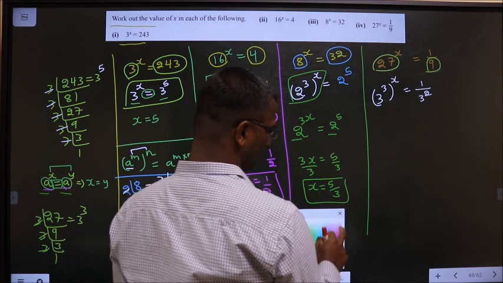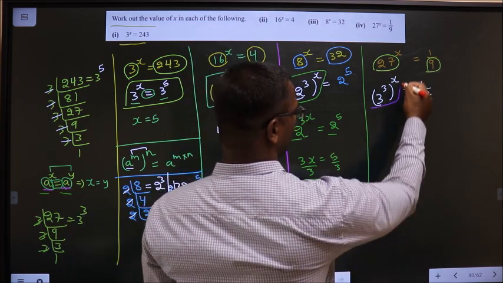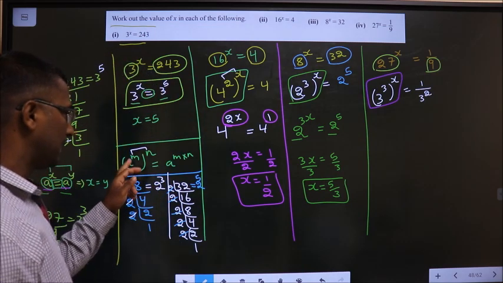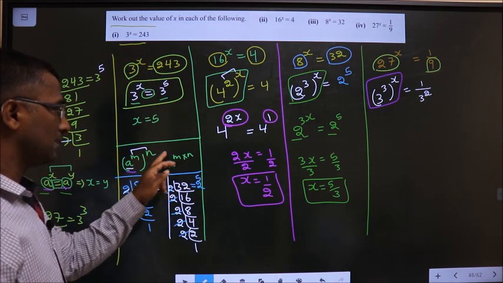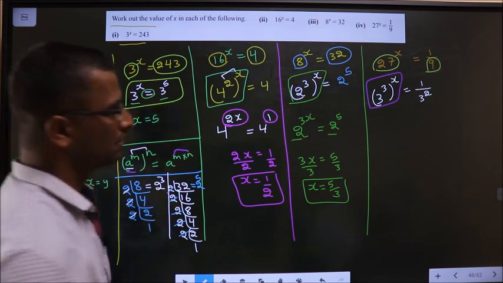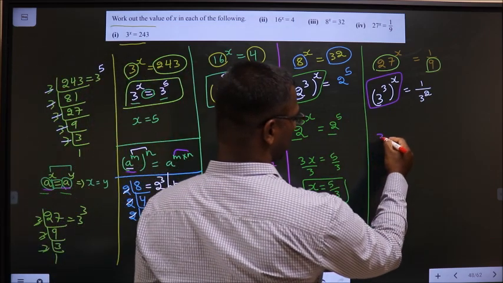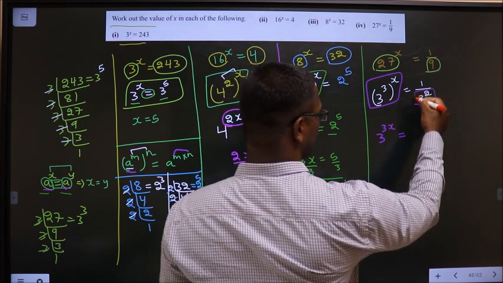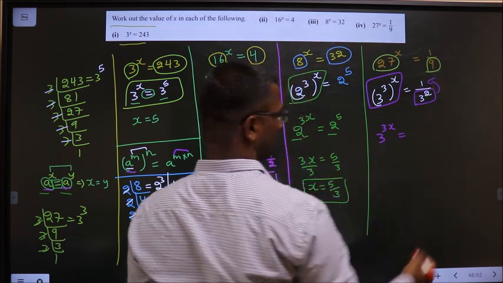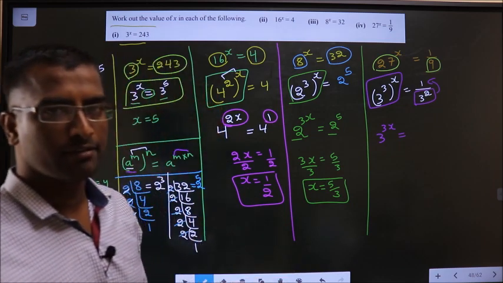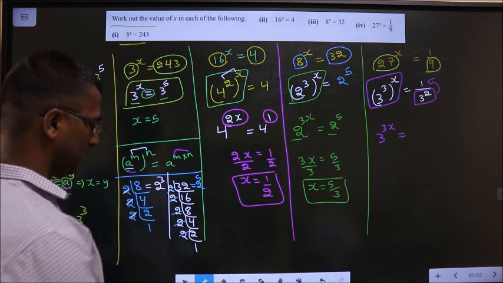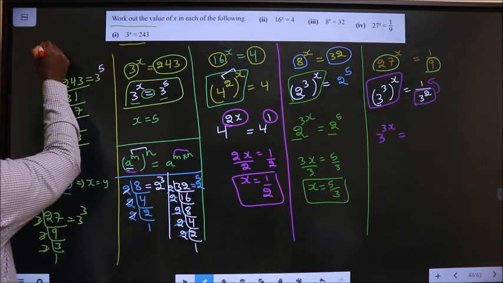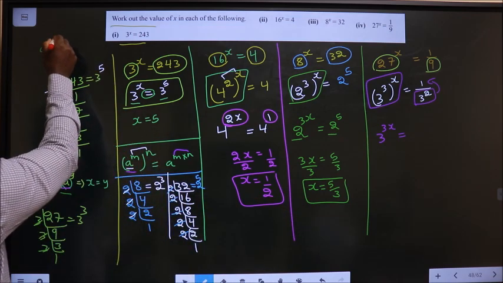Okay. Now, what formula will you apply to this one is here. a power m power n, multiple powers, so multiply the powers. So you get 3 power 3x. Now here, you should take it to the numerator. So what change will it undergo is this one. See man, a power plus m.